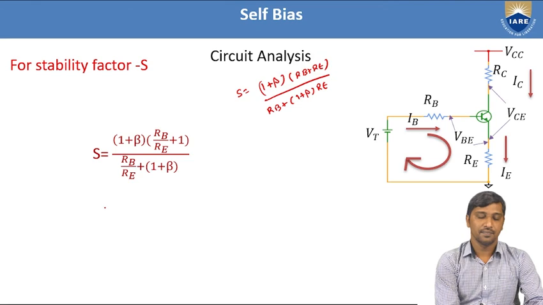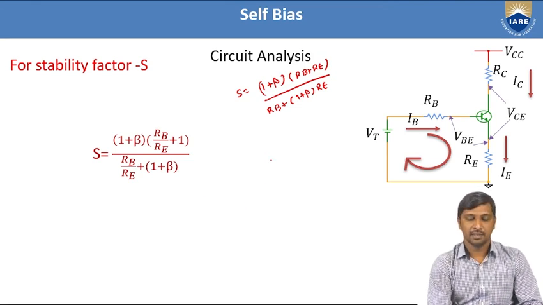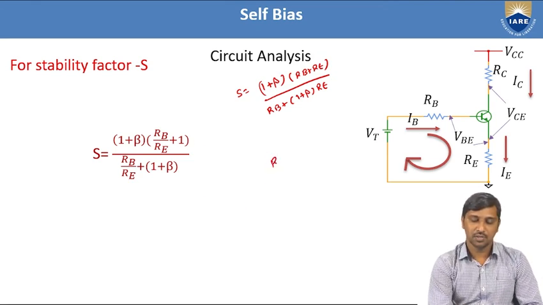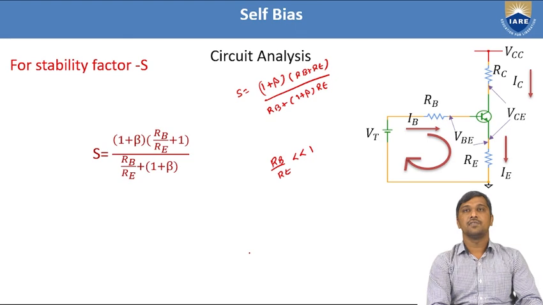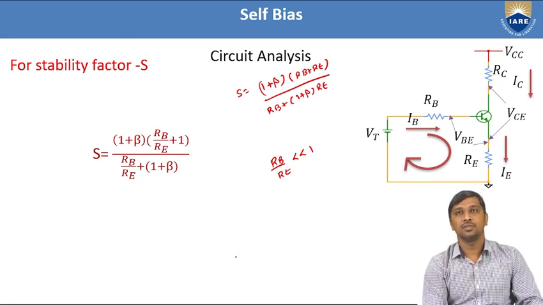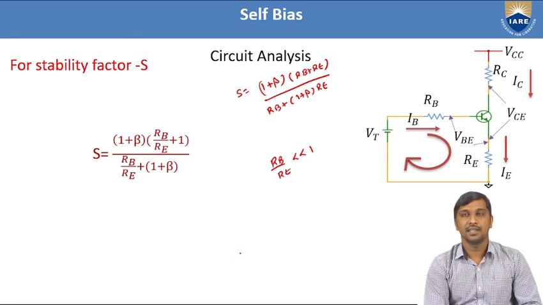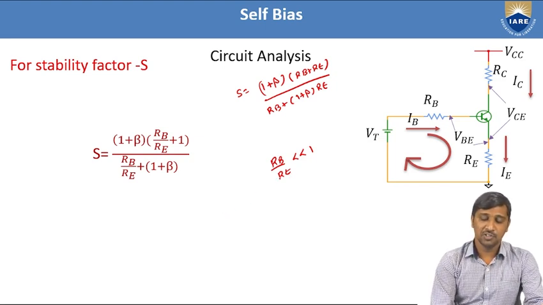In this relation, if we maintain the ratio RB to RE much less than 1, what happens? We neglect this term, so the numerator becomes 1 plus beta times 1, that is 1 plus beta.